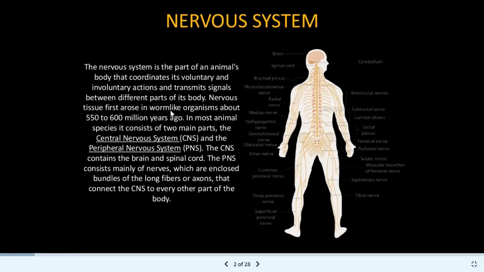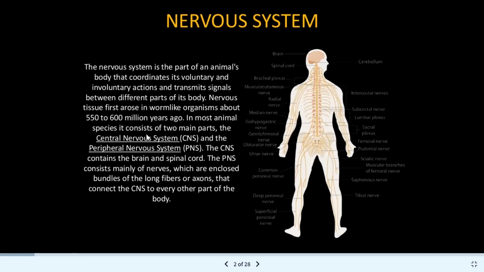Worm-like organisms means all of the helminths showed such types of tissue, nervous tissue, before 550 to 600 million years ago.